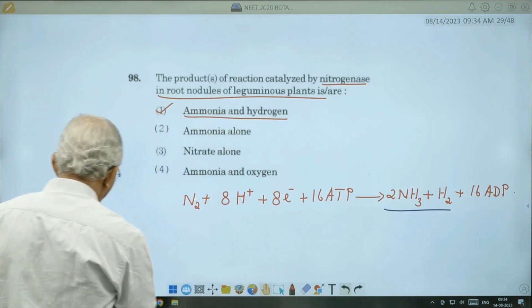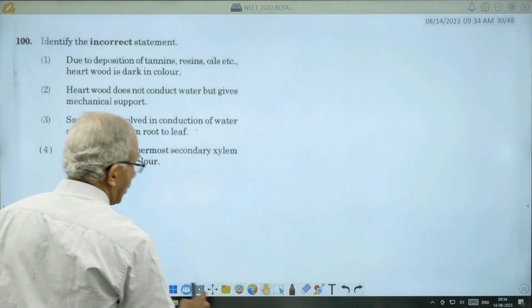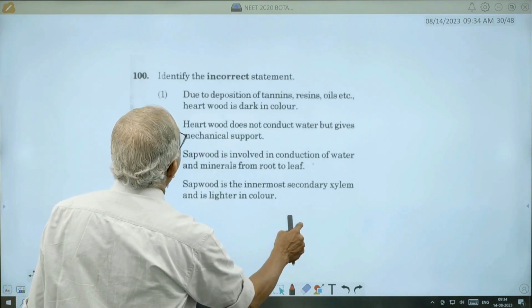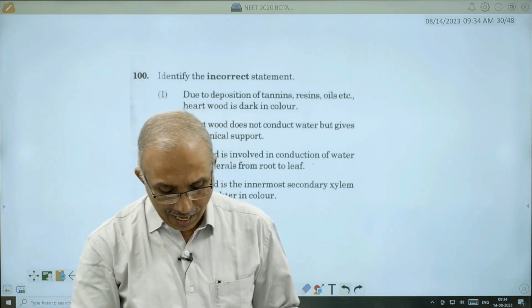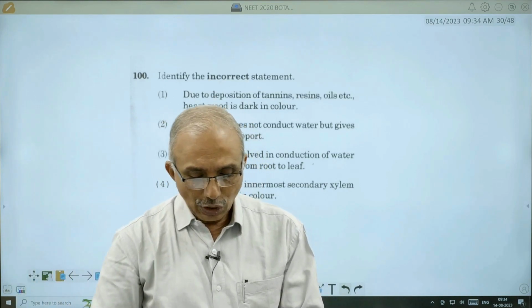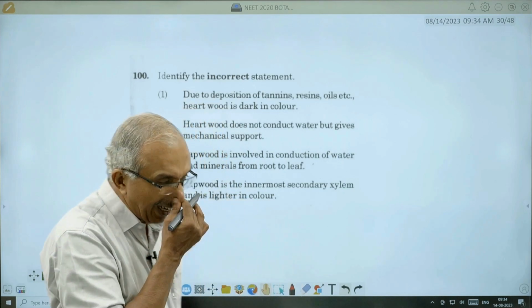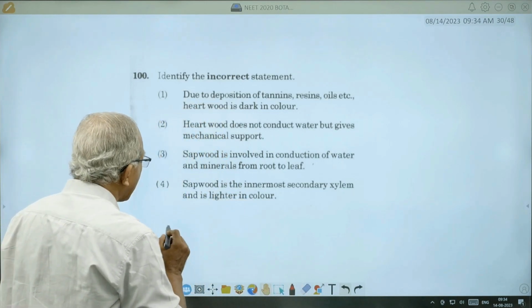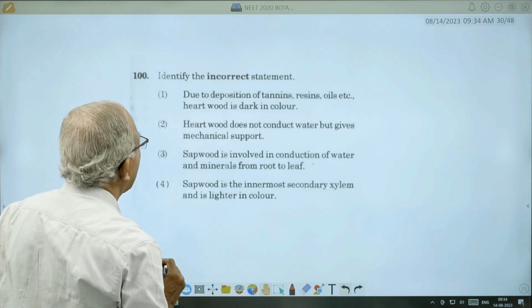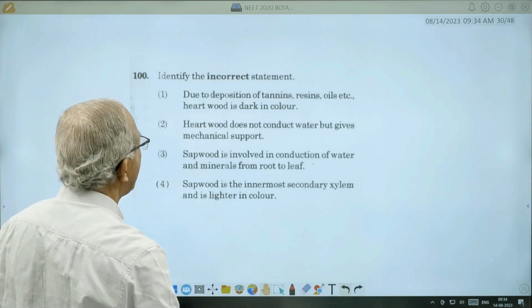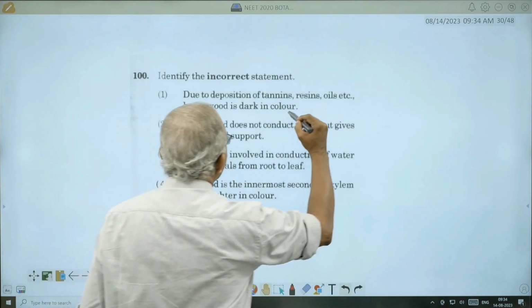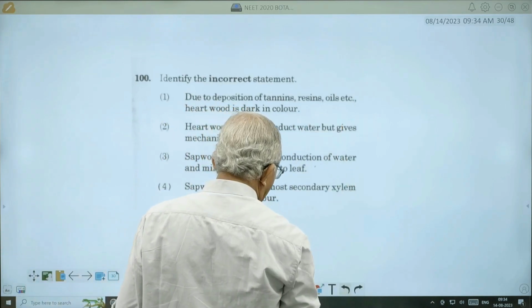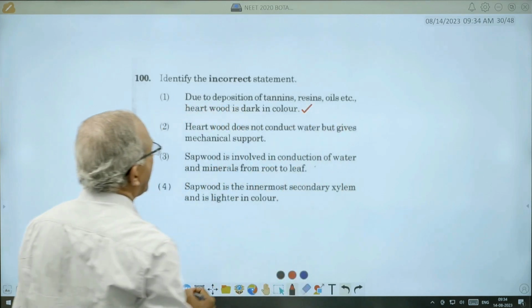Now, identify the incorrect statement. Here the statement: due to the deposition of tannins, resins, oil, etc., heartwood is dark in color. Correct?